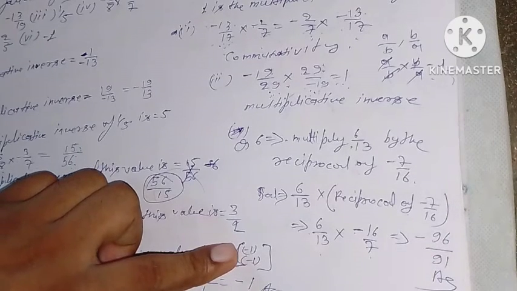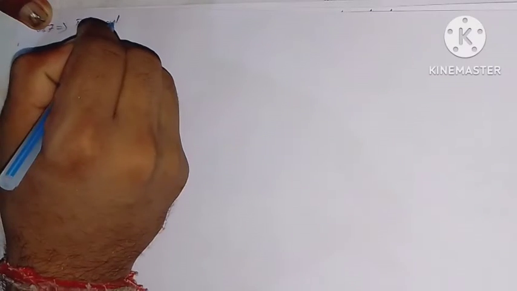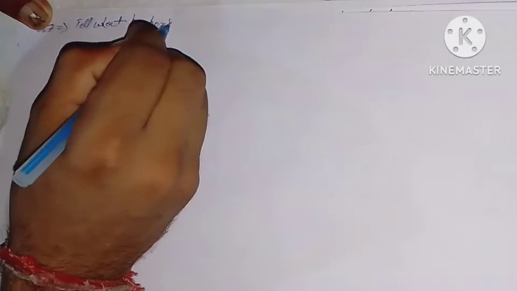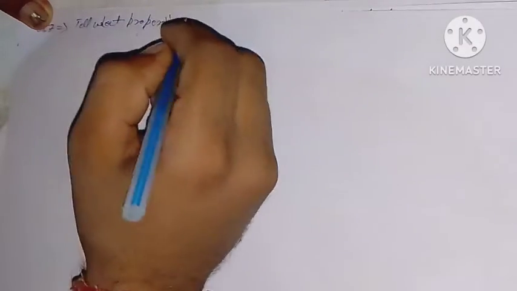Okay, thank you. Question number 7: tell what property allows you to compute.